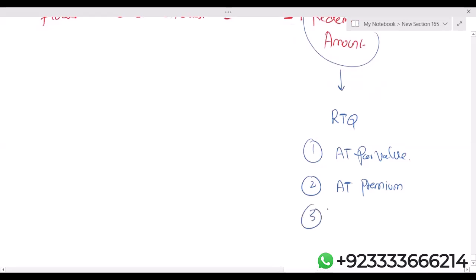Third possibility for the redemption amount is conversion value. Now listen carefully, students.